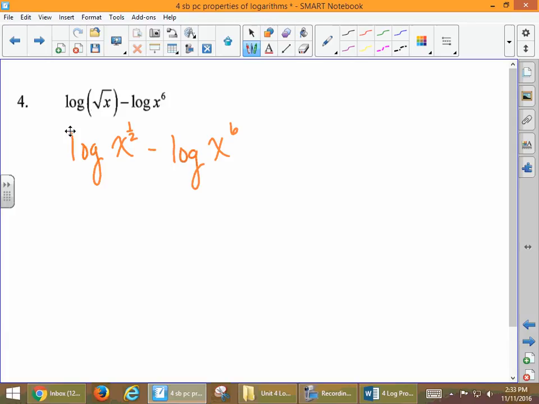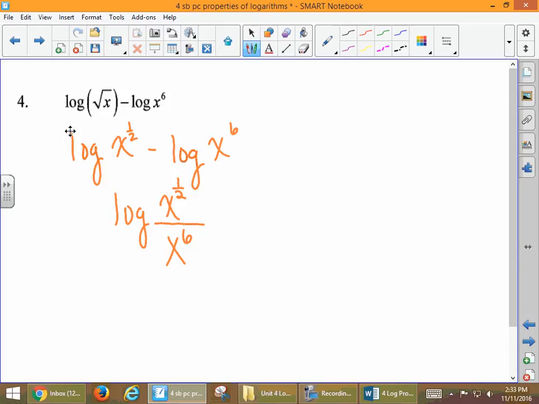Well, once we see this, remember that our goal is going to be to condense, and we have a minus sign in here, which means that we're going to use the quotient property. We get log of x to the 1/2 divided by x to the 6th. And we can simplify that value. We have like bases.